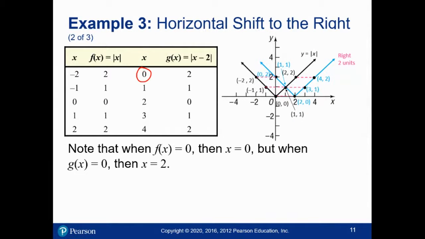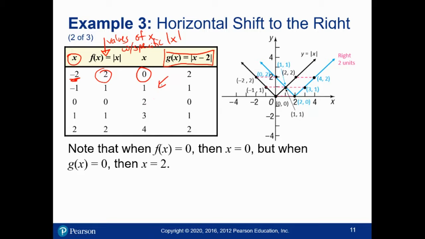So when x is 0, okay, oh, sorry, over here, when x is minus 2, the normal absolute value function would be 2. But our function is the absolute value of x minus 2. So this second column is values of x with specific absolute value.